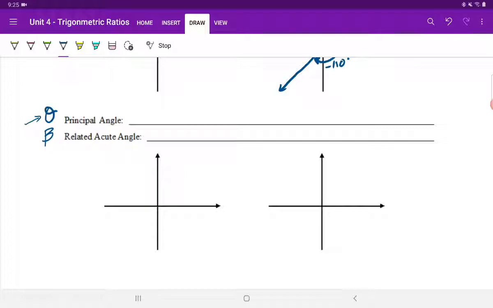So if I ask you to identify a principal angle, here's what I mean. It is measured from the positive x-axis to the terminal arm.